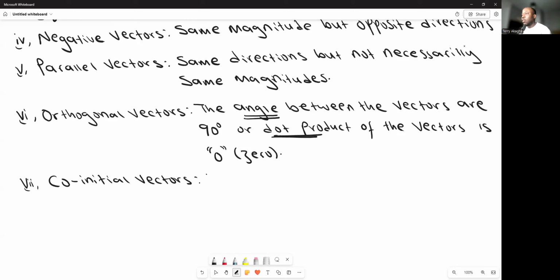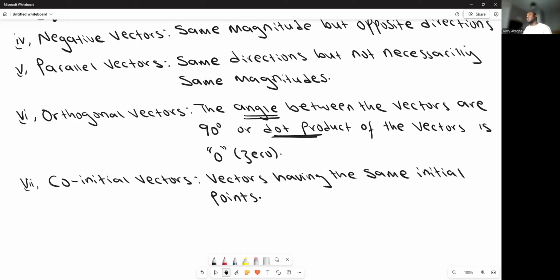So these are vectors having the same initial point.